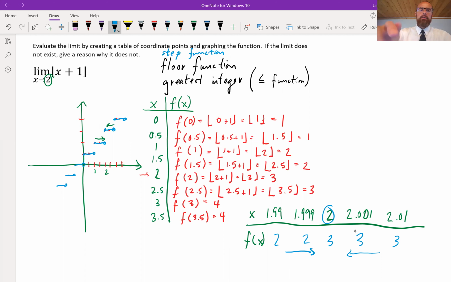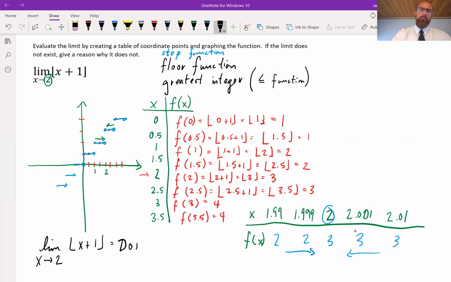How would you say we should answer this limit? The limit, again, we're going to write real carefully. As x approaches 2 of the floor function of x plus 1, is it 2? Is it 3? Or does it not exist? Good. It does not exist.